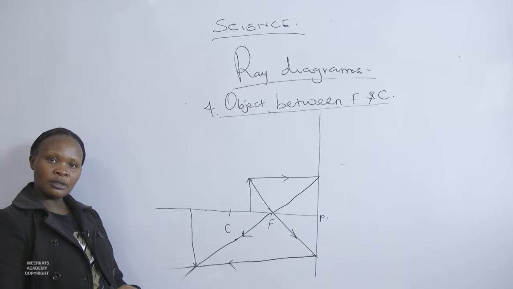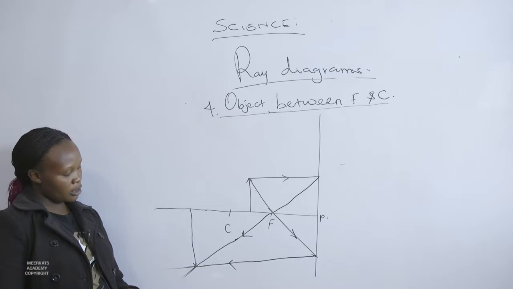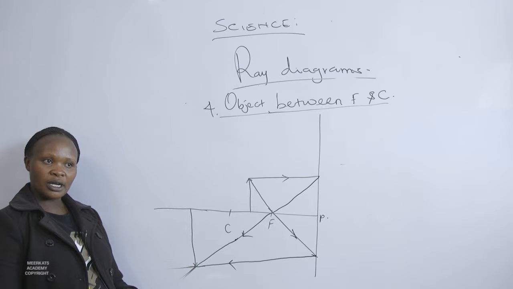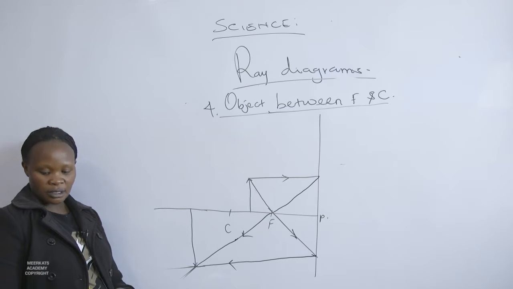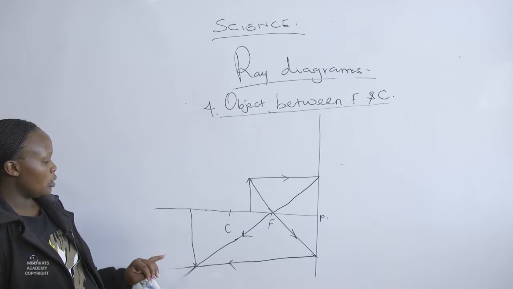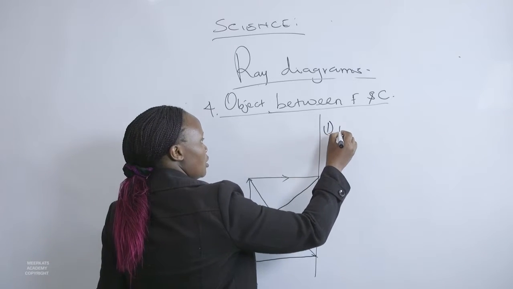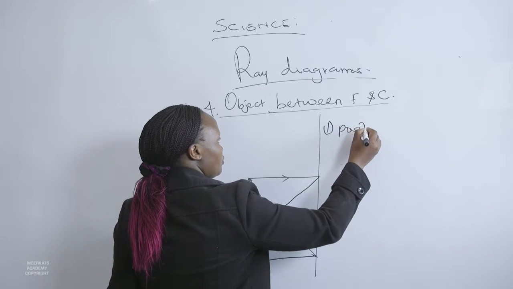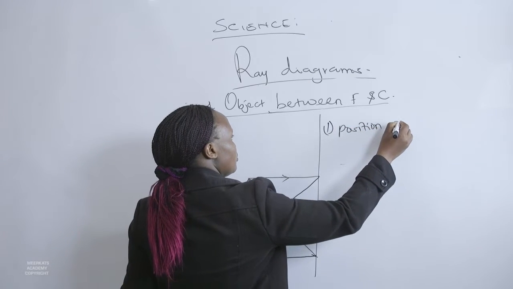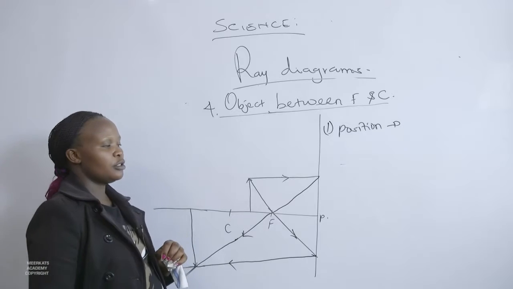Now, by now, we should have known how to describe an image. So let us go ahead and try to describe the same. Number one, talk about the position.